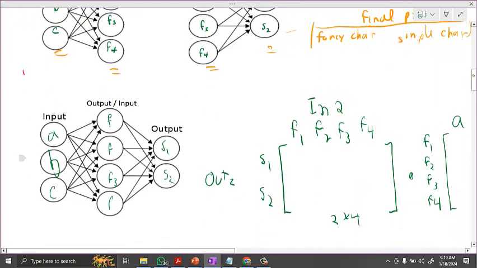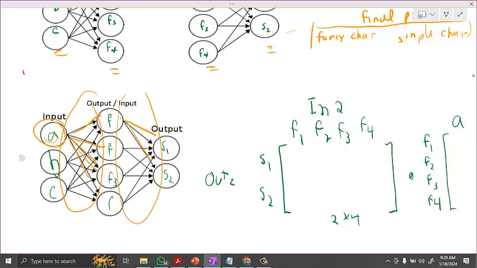This input will influence these intermediate stages, and then each one of these intermediate stages is going to influence the output. Okay. So if I want the effect of the input on the output, I'm actually going to have to write two matrices. I have a matrix for this relationship and a matrix for this relationship.